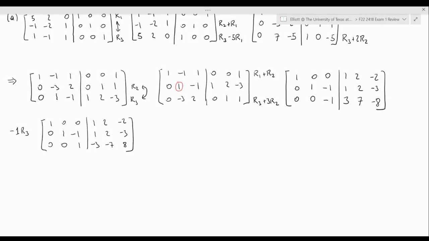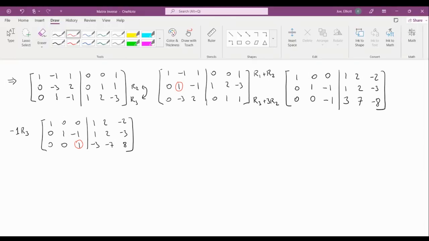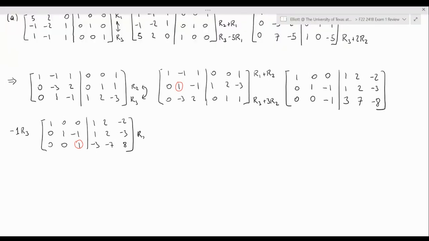And then now we have this third pivot. And there's only one thing that we need to eliminate above it. So we're going to do row 2 plus row 3. And that will give us the identity matrix on the left, okay?